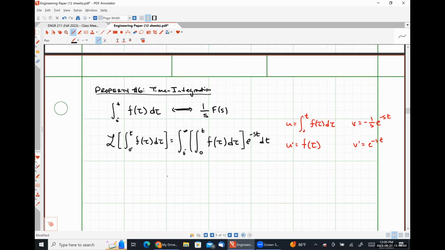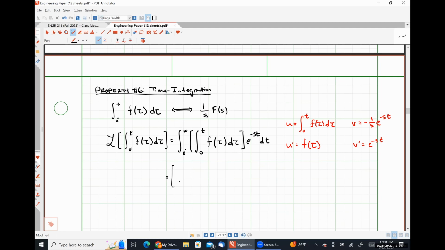So let's see here. I'm going to have u times v. This negative 1 over s bit is going to be a constant term, so I'm going to pull that outside of the integration, right?